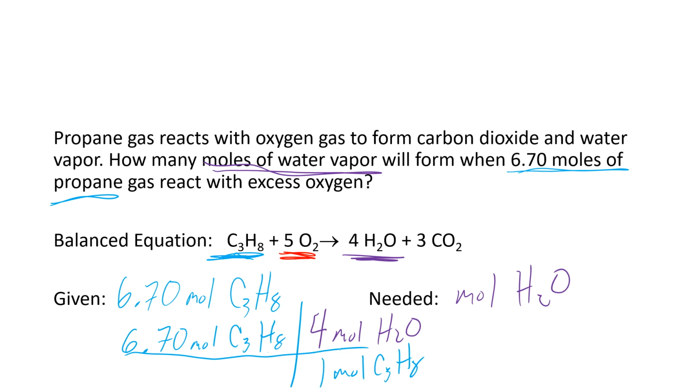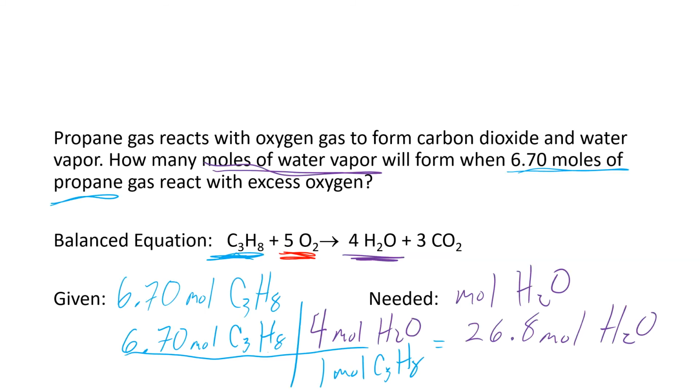There's no number there, so it's understood to be 1 mole of propane. And we're going to do that math. And 6.7 times 4 divided by 1. So that's going to be 26.8 is how many moles of water we would get. All right, so there's that.